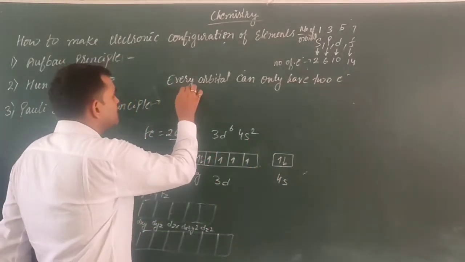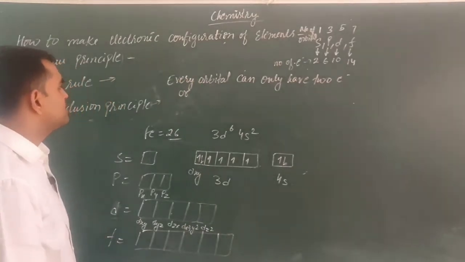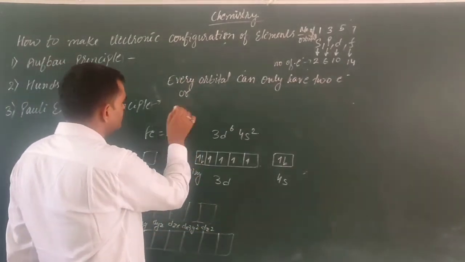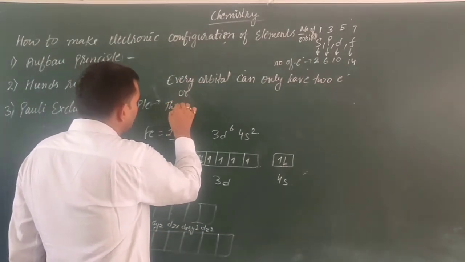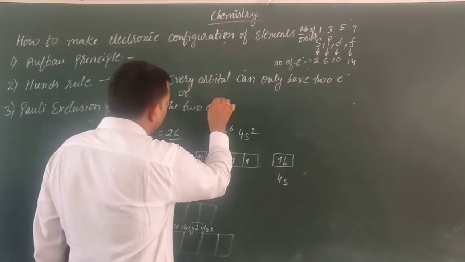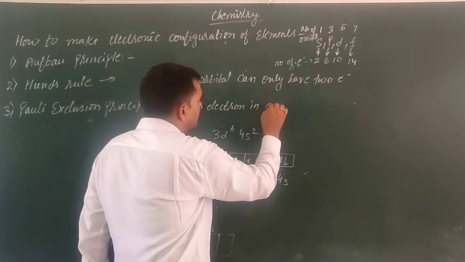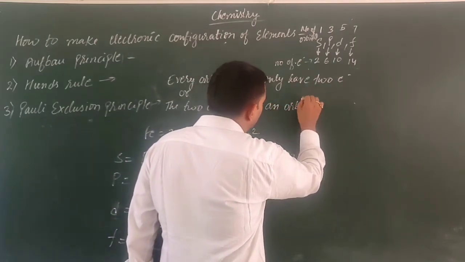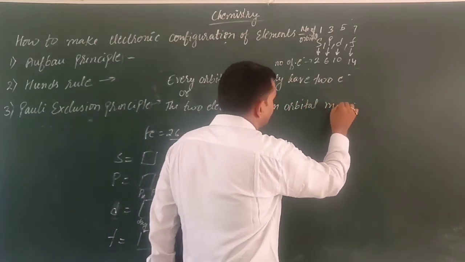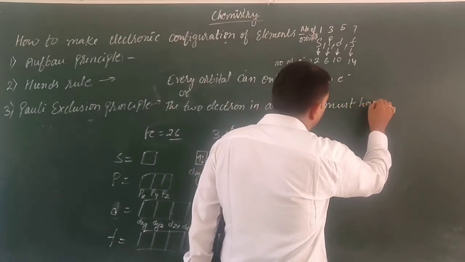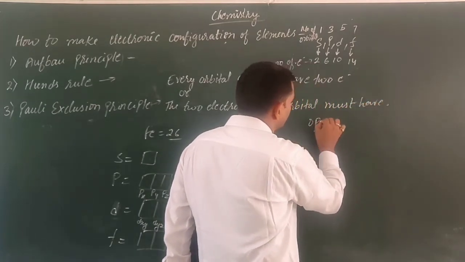And one more thing that the Pauli exclusion principle is saying is that the 2 electrons in an orbital must have opposite spin.